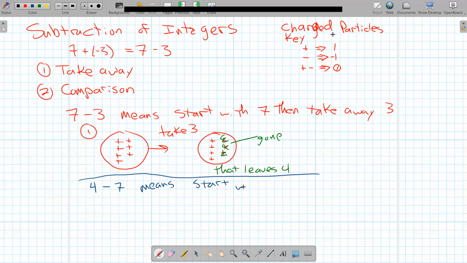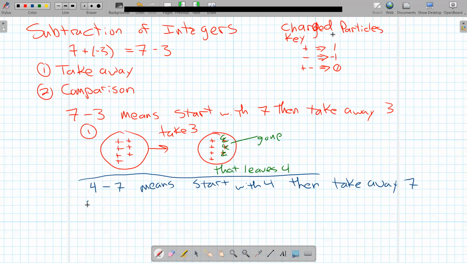And prior with kids, we realized, well, how can you take away 7 if you only have 4? You can't do that. But now we have negative numbers, so we can do it. And my key is going to help me do it.